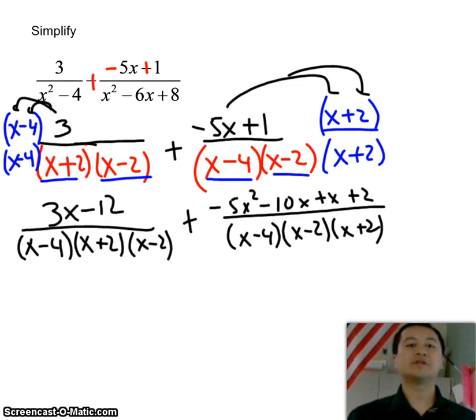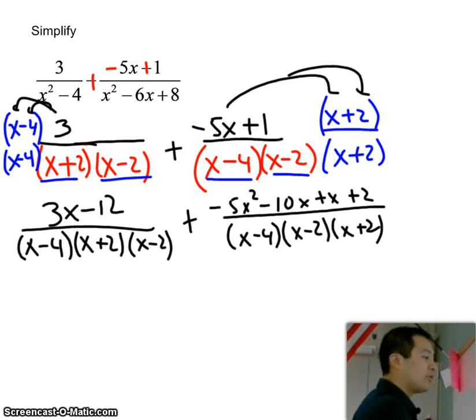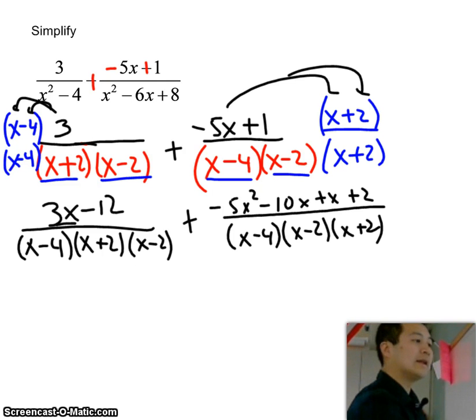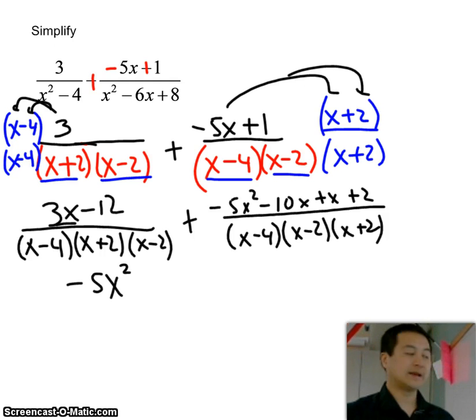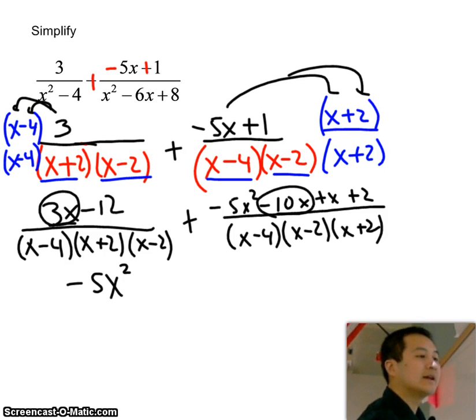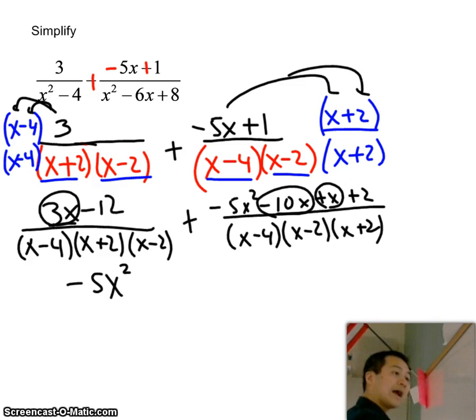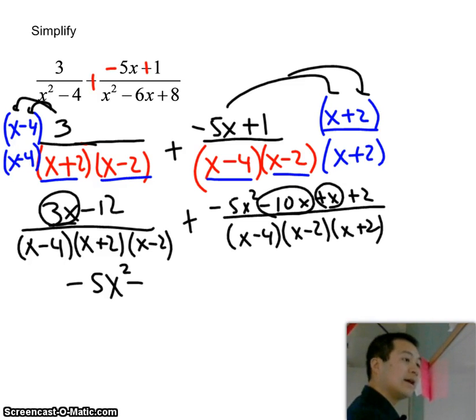Perfect. Now all we have to do is add the numerator. First of all, is there any other x squared here? So you know that 5x squared doesn't combine with anything. The 3x combines with a negative 10x and an x. So 3x and negative 10x is negative 7x plus x is negative 6x.